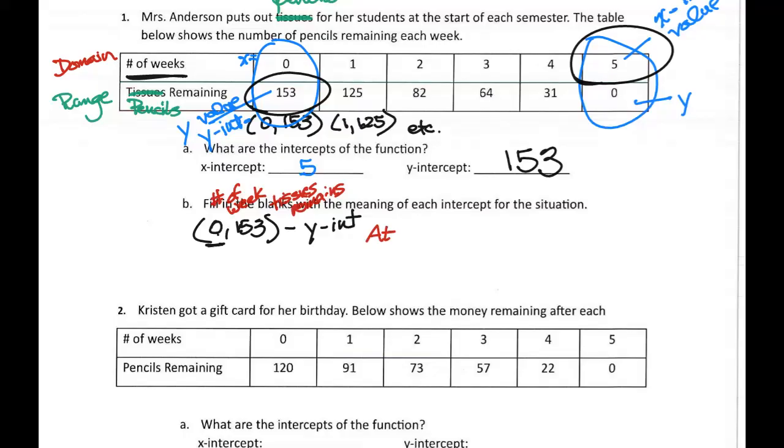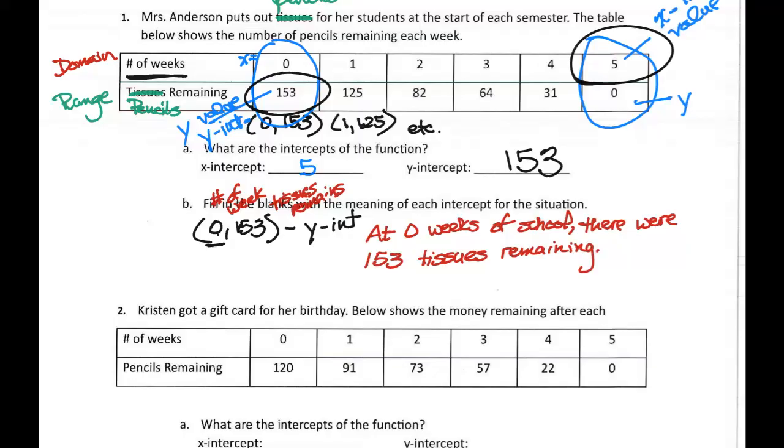At 0 weeks of school, there were 153 tissues remaining. That is the meaning. I don't want you to say it's the x-coordinate and the y-coordinate. You need to tell me what's happening as part of the problem. Okay?